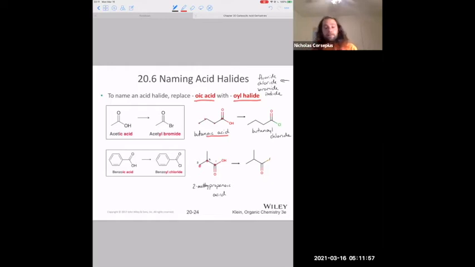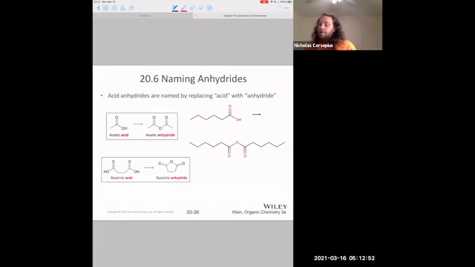But again, instead of having that oic acid, when I go over to my acyl halide, I'm going to use the oyl, and in this case, fluoride. So this is 2-methylpropanoyl fluoride.